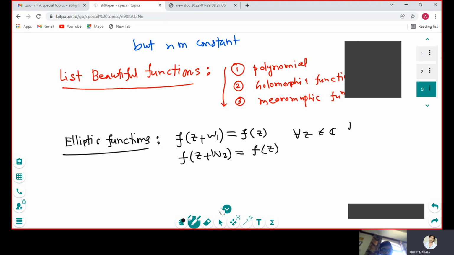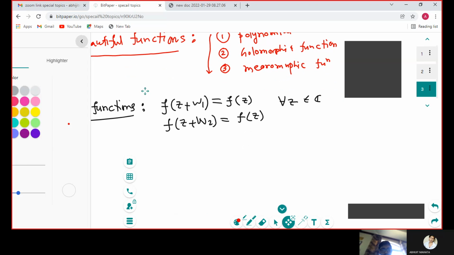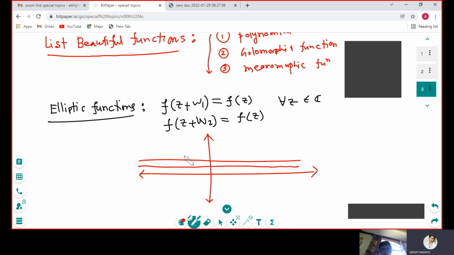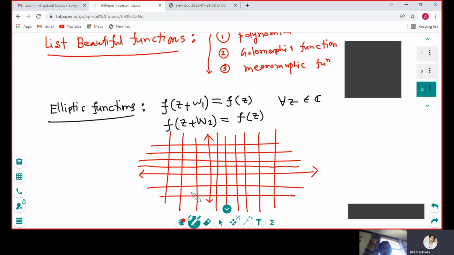Why are you interested in functions that have two periods? Because in the complex plane you have two fundamental directions, right? If you look at the complex plane, you can divide it into a small grid, something like this. You can break it into small rectangular boxes, like this.